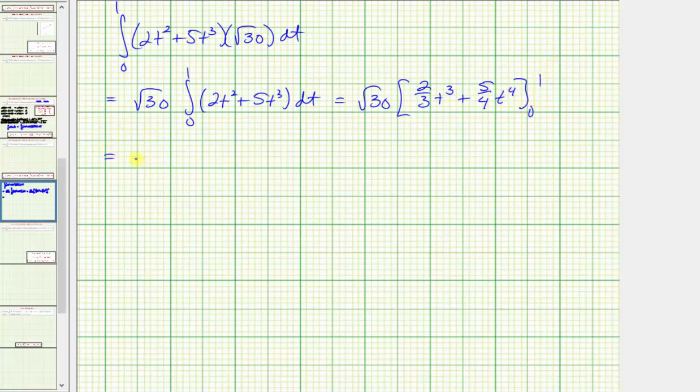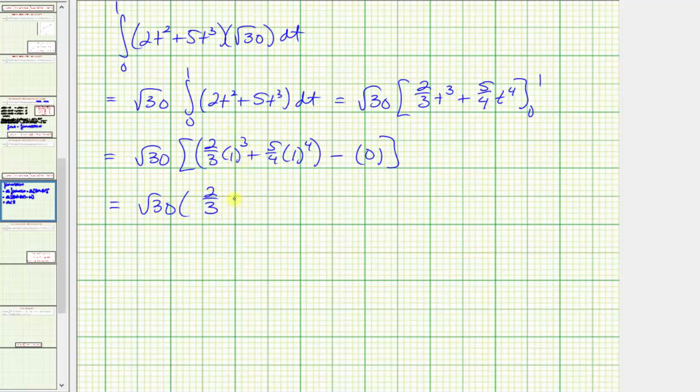So evaluating here, we're going to have the square root of 30 times, when t is equal to 1, we'll just have 2/3 times 1 to the third plus 5/4 times 1 to the fourth, minus, when t is 0, notice both terms contain a factor of t, so both terms are going to be 0. So we have the square root of 30 times the quantity 2/3 plus 5/4.